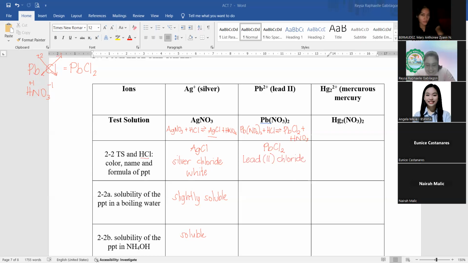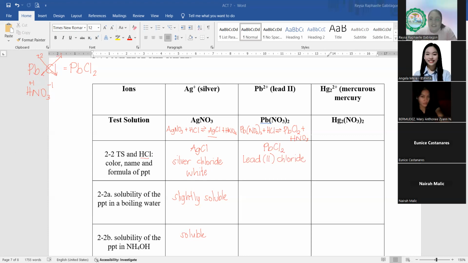Okay, let's balance that in a while. Anong color nito? Ano ba sa inyo? Anong color sa inyo, Aya? White po. Okay, very good. So, ang tamang answer talaga dyan, white.